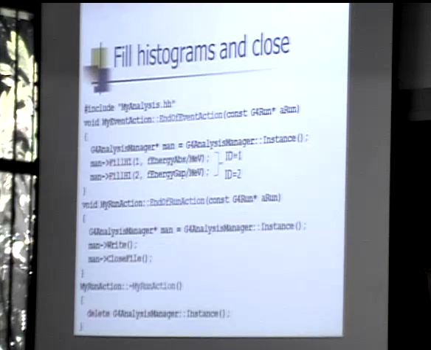Then you have to fill them, and this is typically done at the end of events. When you run one event, you have the energy released in the detector, and you want to fill this number into the histogram. So you just fill H1, histogram number 1, with the number which you want to fill. And then at the end of the run, you just close the file and save it.